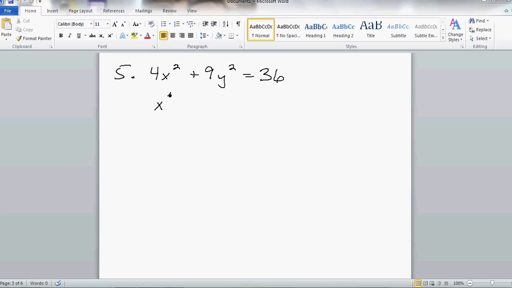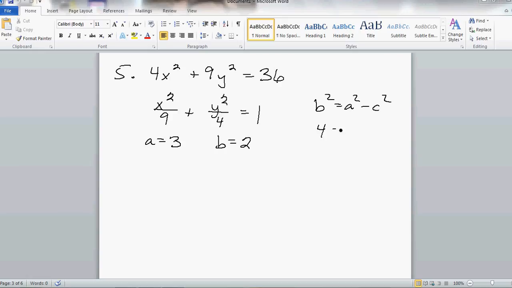So this will be x squared over 9 plus y squared over 4 equals 1. Now I know since this is the biggest, that means a is equal to 3, and perhaps more importantly, a equals 3 goes along with the x-axis, and here b would equal 2. Now what relationship do we know? We know b squared equals a squared minus c squared.